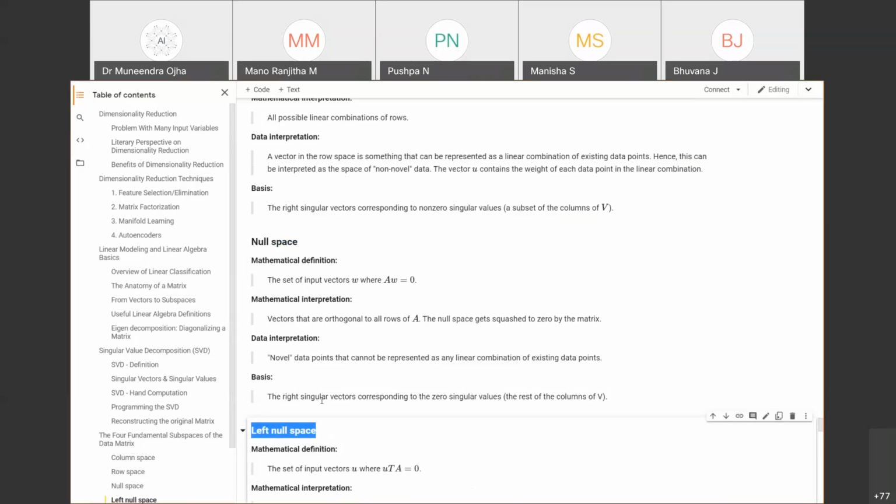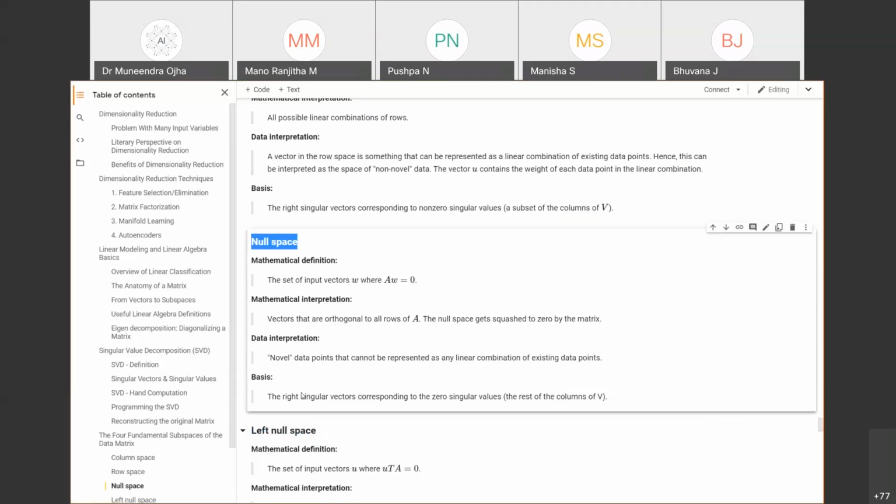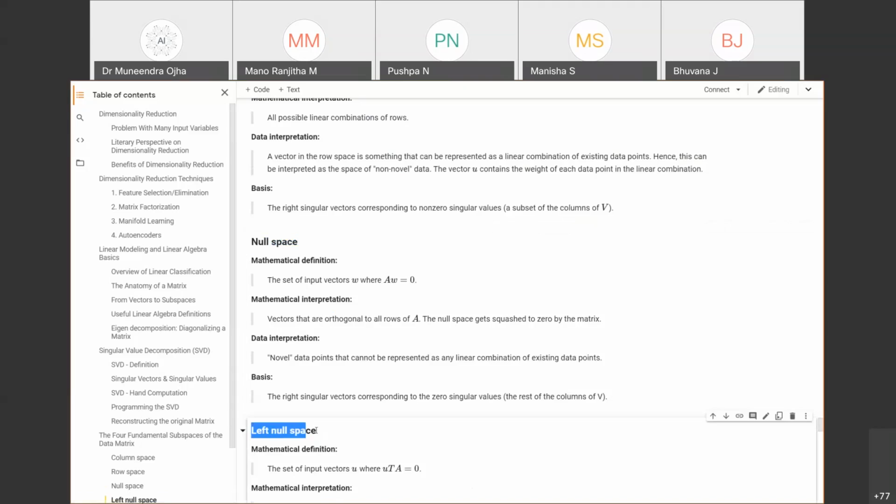Okay, so with singular value decomposition, my objective is to find four spaces: row space, column space, null space, and left null space. Out of these four spaces, I will remove the null space and left null space such that I am left with only column space and row space.